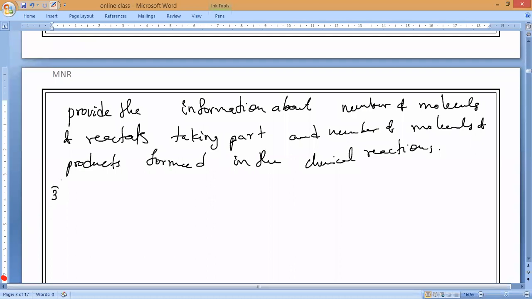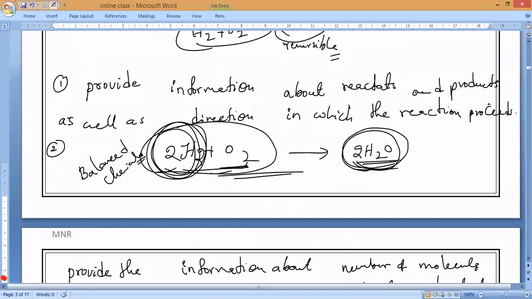Now, any doubt, guys? Second point, please respond. Can you explain again? Yes. The second point means, suppose, see, how many molecules of hydrogen are involved here? 2 molecules of hydrogen and 1 molecule of oxygen, and it is giving you 2 molecules of water.